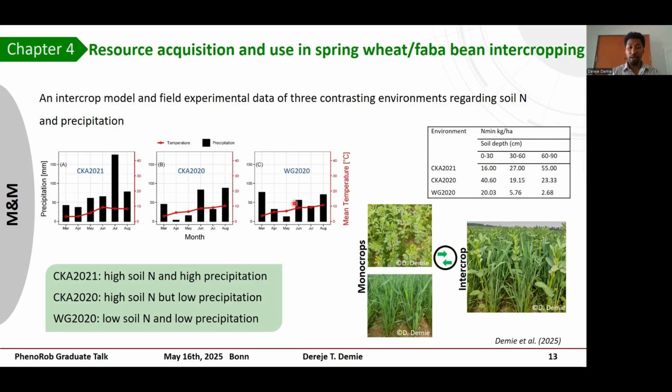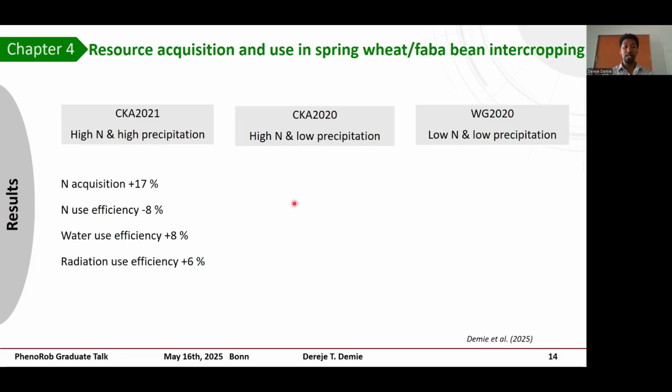Here we compare the resource acquisition efficiency of monocultures, the average of the two monocultures, against the intercrops. Looking at the results in CKA 2021, which is characterized by higher nitrogen and higher precipitation, intercrops improved nitrogen acquisition by 17%, but reduced nitrogen conversion efficiency, or nitrogen use efficiency.